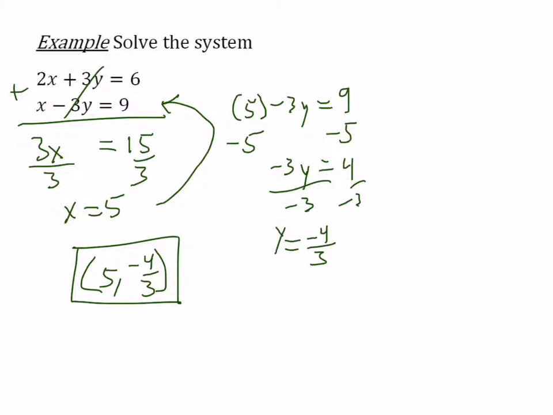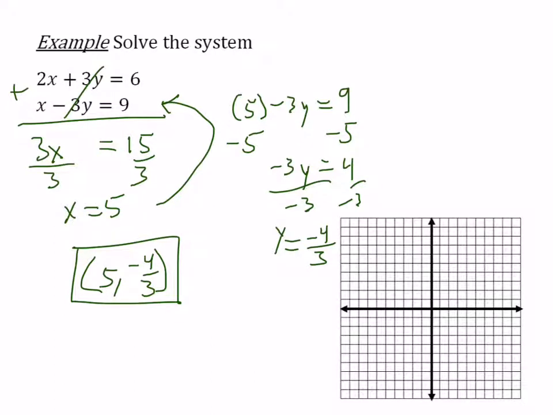So let's go ahead and graph that just to verify that. So to verify, we're going to graph the two lines. First line here, well, we have when y is 0, x is 3.